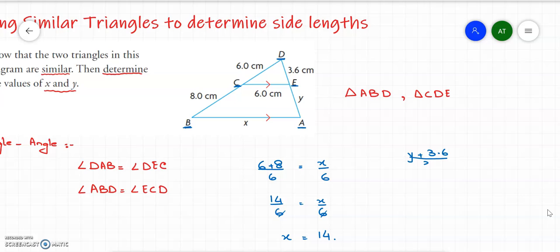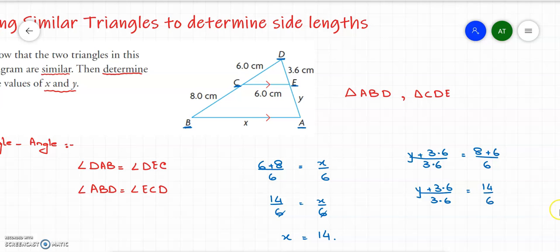So we divide by 3.6, and that must be equal to BD, that is 8 centimeters plus 6 centimeters, divided by CD, that is 6 centimeters. So we have y plus 3.6 over 3.6 equals 14 divided by 6.